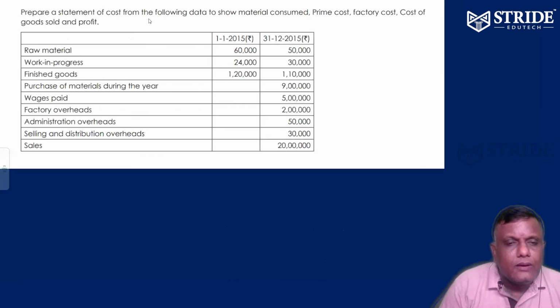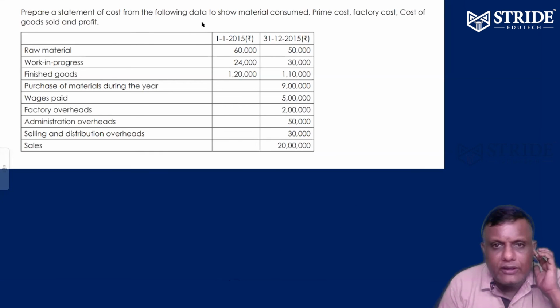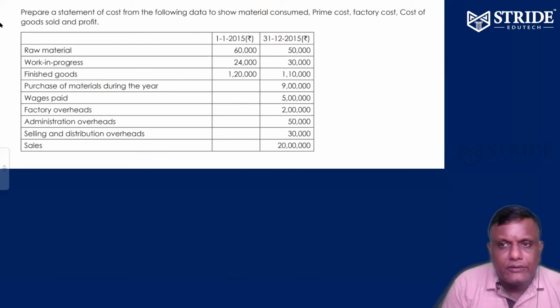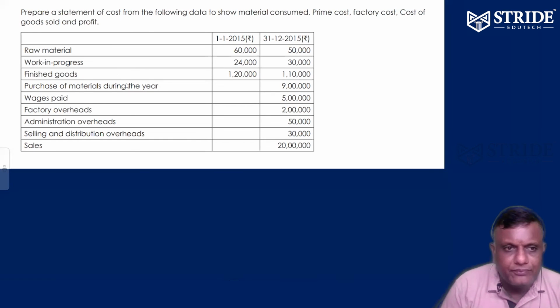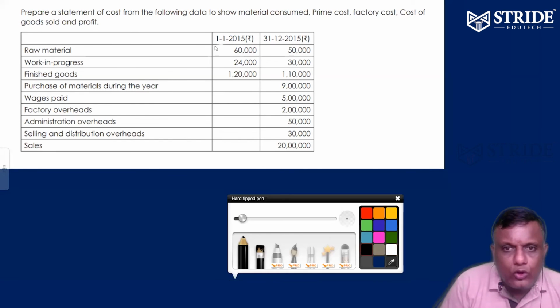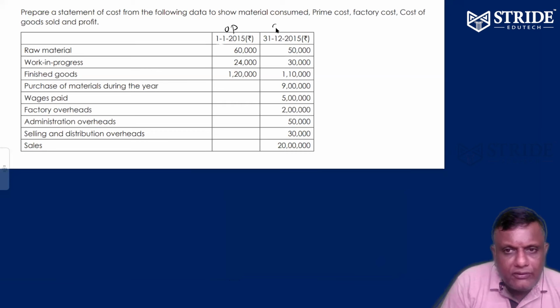Prepare a statement of cost from the following data. Show material consumed, prime cost, factory cost, cost of goods sold, and profit. The entire cost you have to break up. What are the data given? Opening RM, closing RM, opening WIP, closing WIP, opening finished goods, closing finished goods.